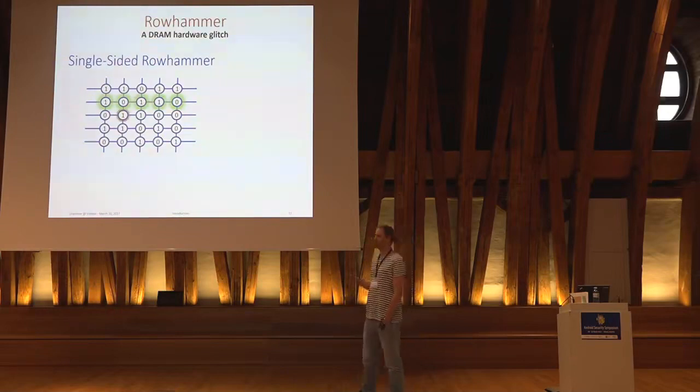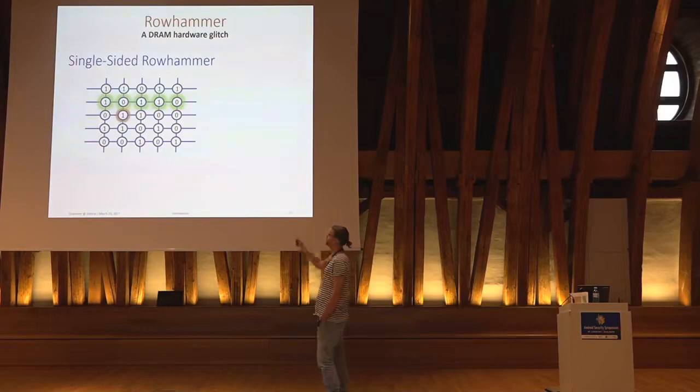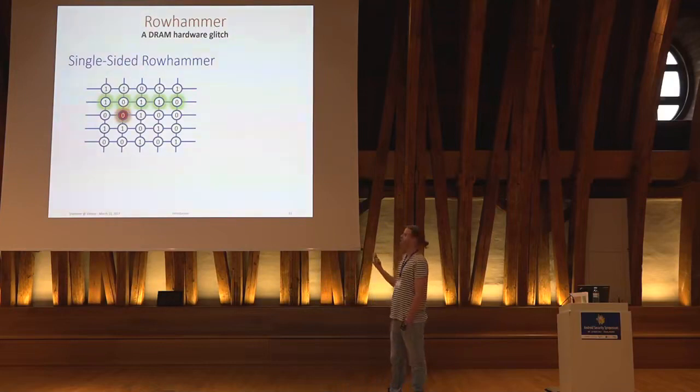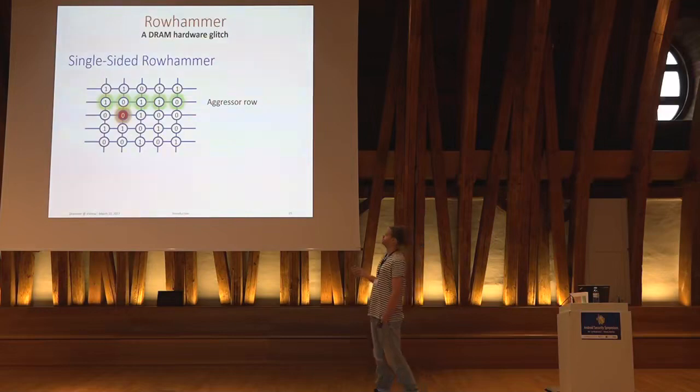And you repeat this a couple of times, and then you see at some point that one of the neighboring cells of this row, its charge is leaking further and further, until at some point, the 1 that was stored there turns into a 0. Now, some terminology. The row that we're reading from is called an aggressor row, and the row that we flip bits in is a victim row.